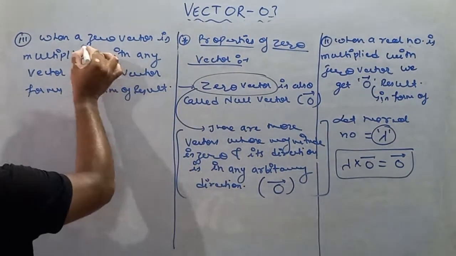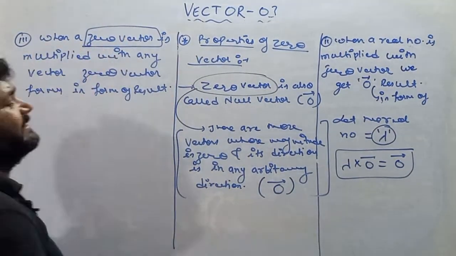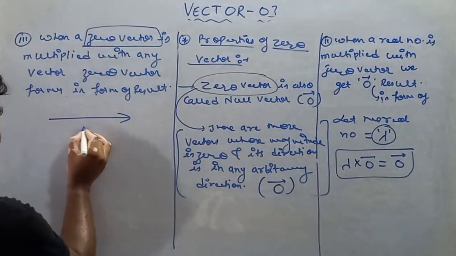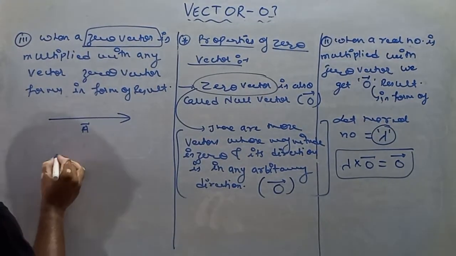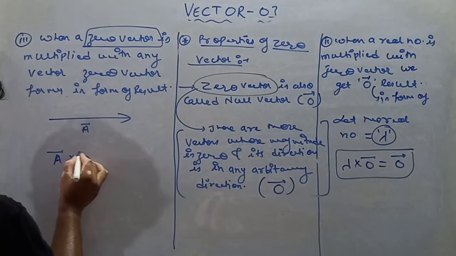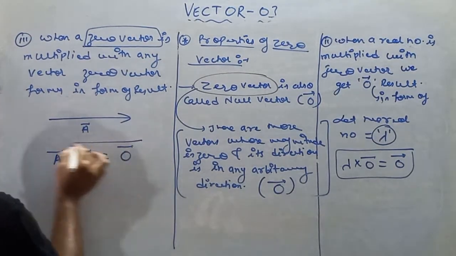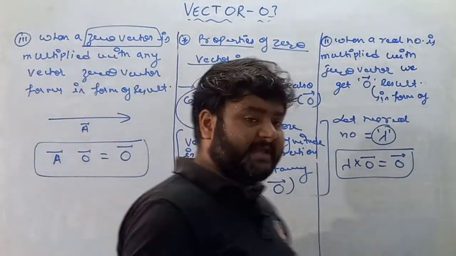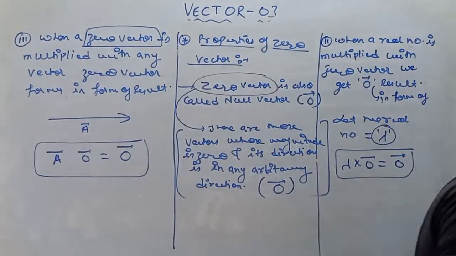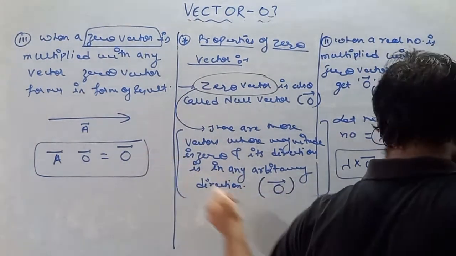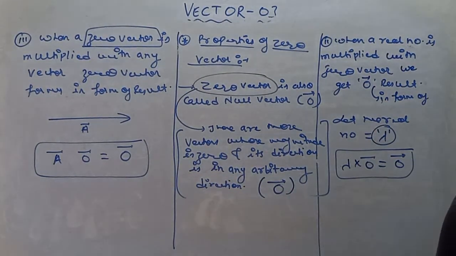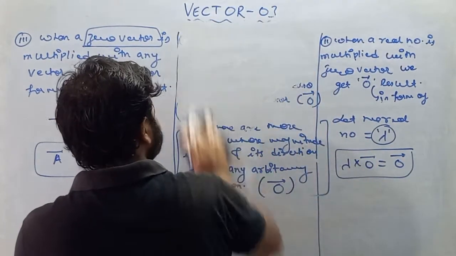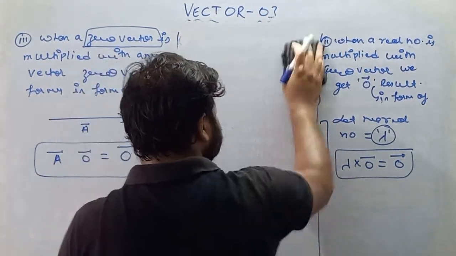That is, let's suppose we have a vector called a vector, and I am multiplying a vector with 0 vector, we will get 0 vector. So remember this thing, if we multiply any vector with 0 vector, we will get, my dear student, 0 vector.